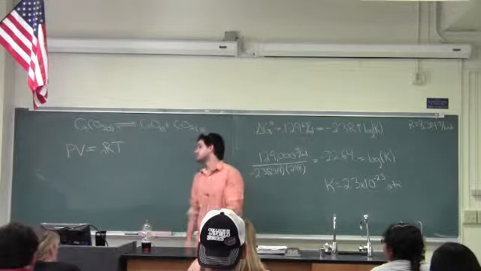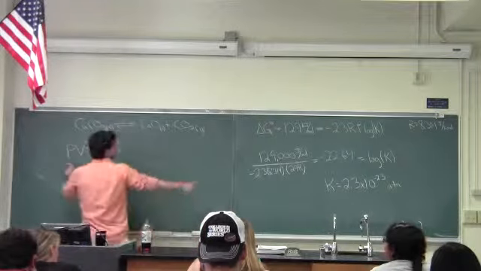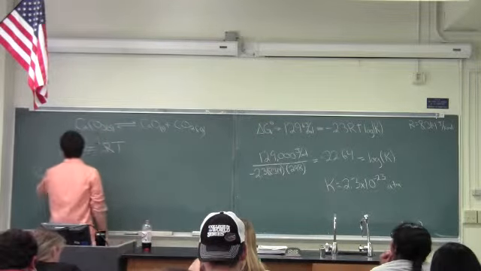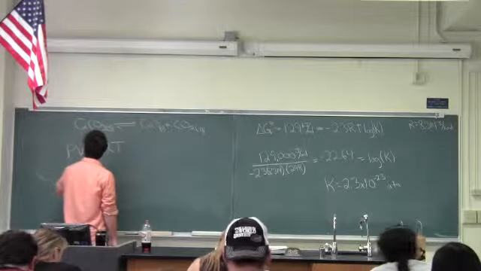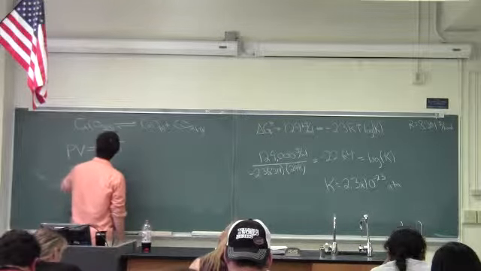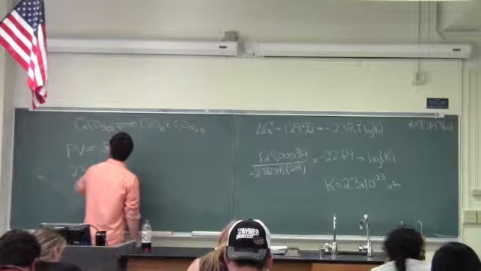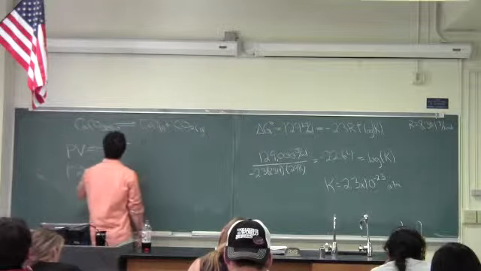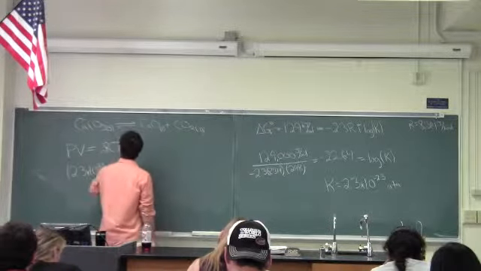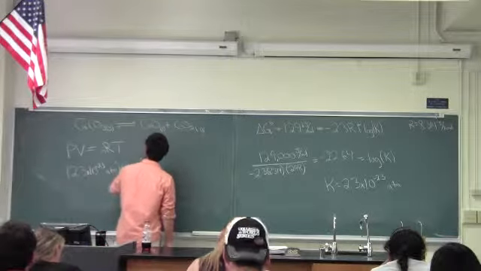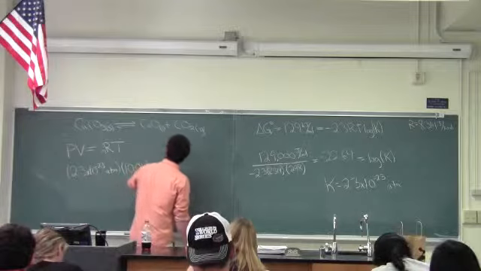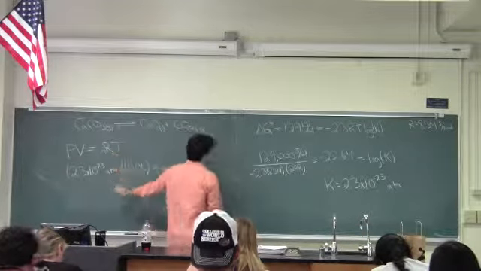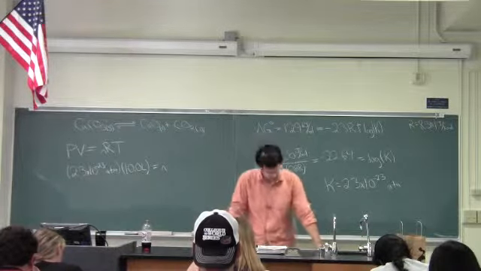PV equals nRT. R is a constant. We know that. We know pressure, 2.3 times 10 to the minus 23 atmospheres. We know volume, 10 liters. We're looking for n. We know R. R is given to you earlier in the book.